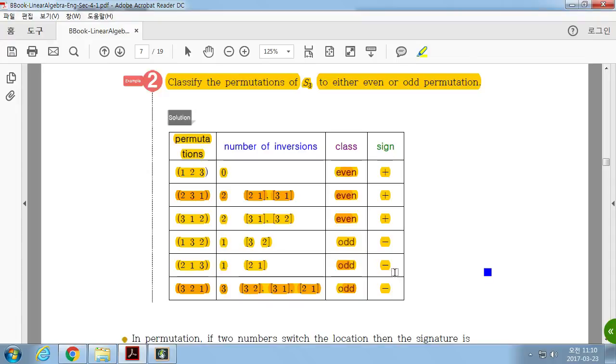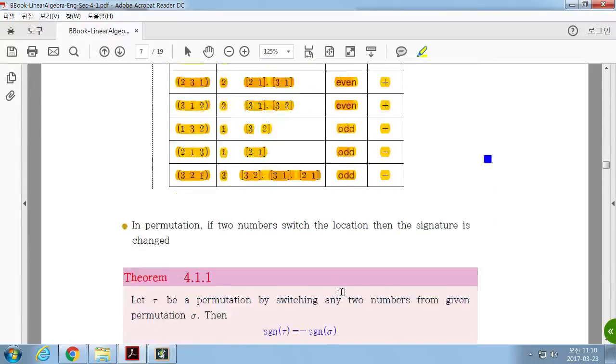So suppose you have an n. For Sn, you have n factorial permutations. Then half of those are even permutations, and the other half will be odd permutations, half and half.